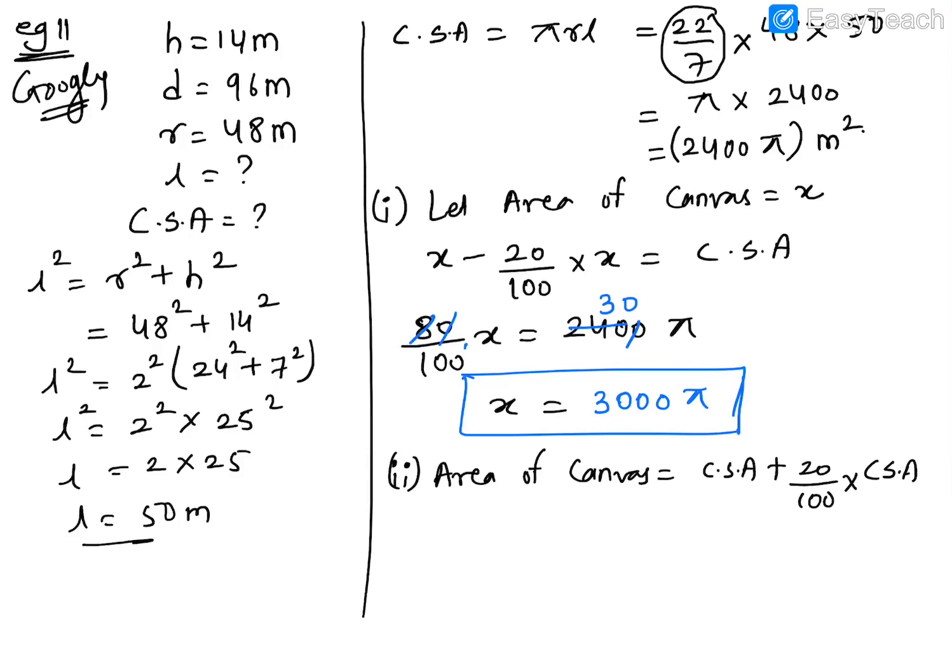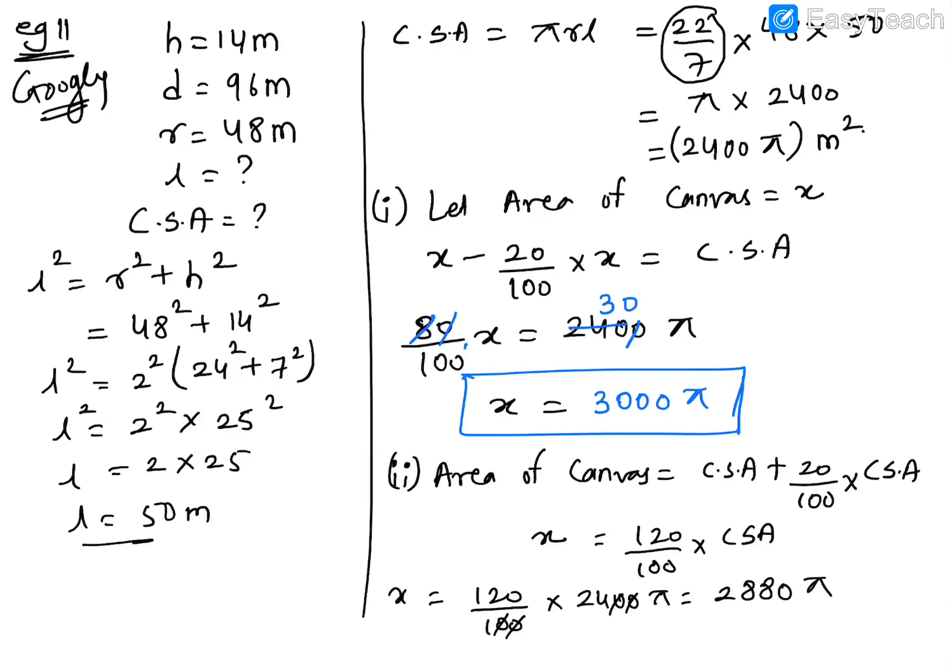So read this question properly. This is more about the percentage topic actually. 20% of CSA they say, right? So that will be equal to 120 upon 100 of CSA, which is equal to the area of the canvas. What was the area of the canvas? We assumed x. So x is equal to 120 upon 100 into the curved surface area, 2400 pi. So cancel 0, 0, 0, 0. 12 into 12 is 144, 288. So 2880 pi meter squared. That's your answer.